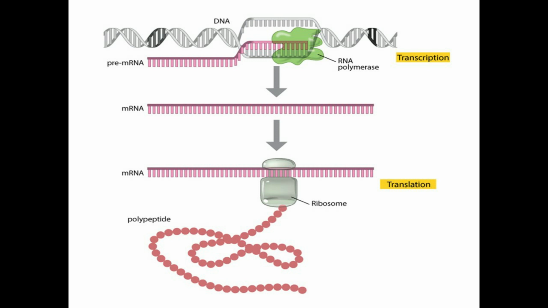During this, what exactly happens is that the 4-letter nucleotide language, or the 4-letter nucleic acid language, is translated to the 20-letter protein language. So what does this refer to? What does this 4-letter nucleic acid language refer to?